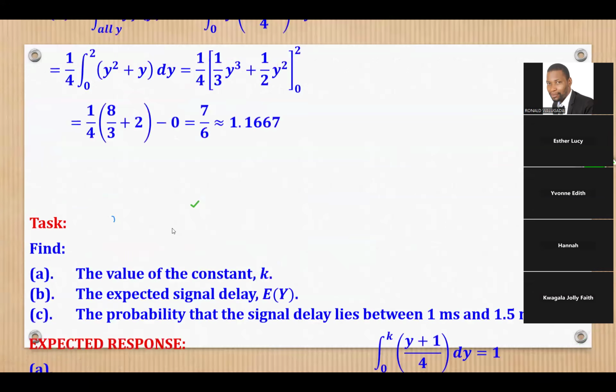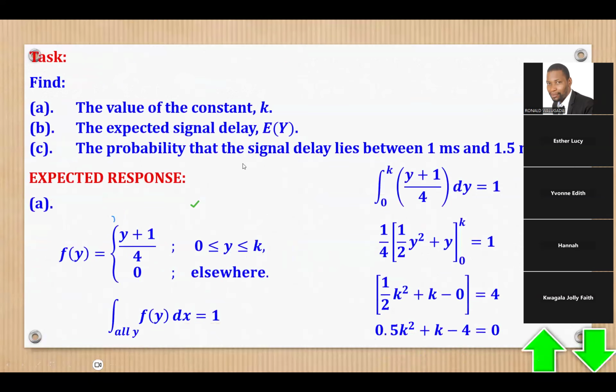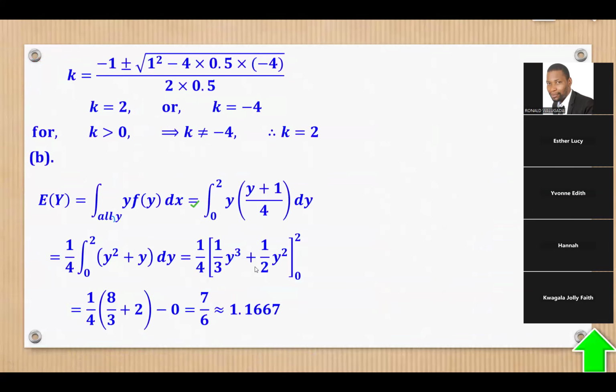Then the last part, it says the probability that the signal lies between 1 and 1.5. What do we do? Anyone to take us through the answer for part C?